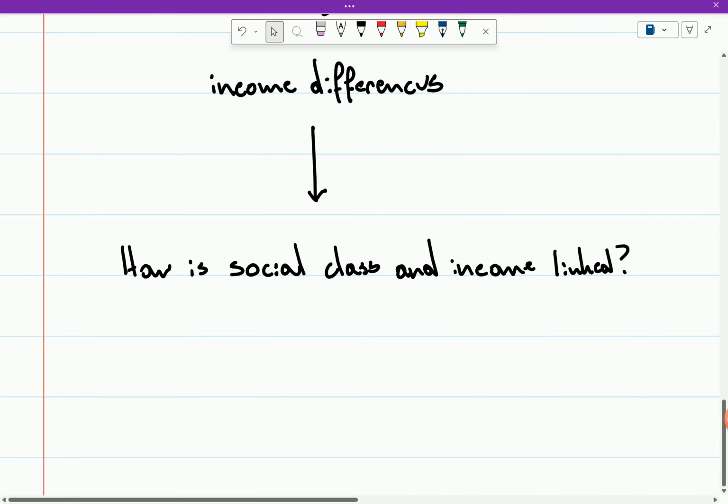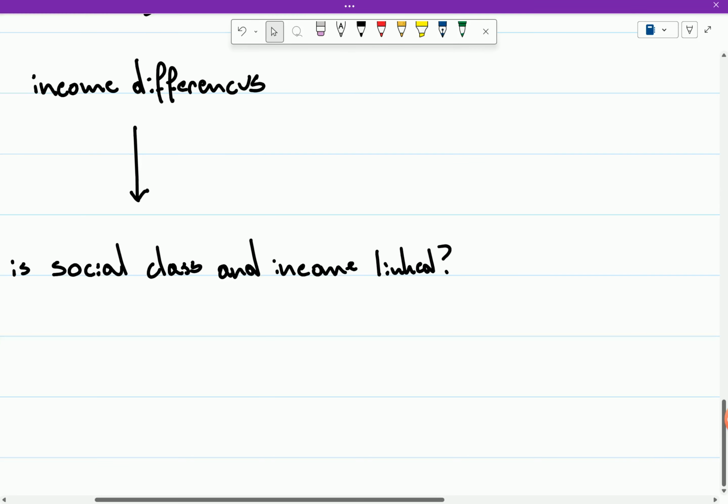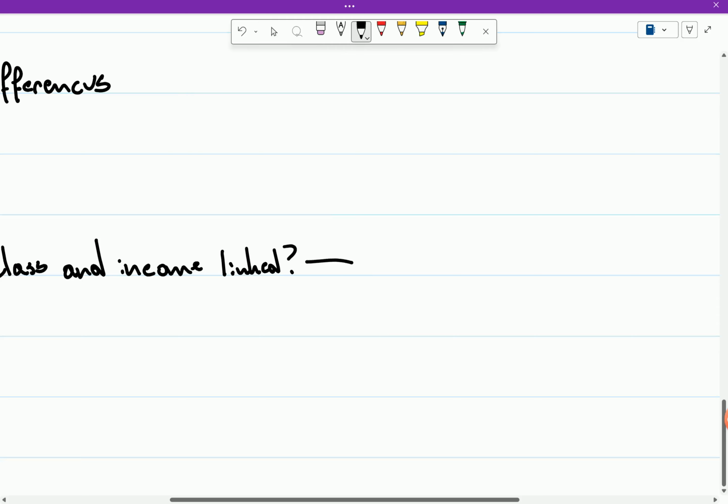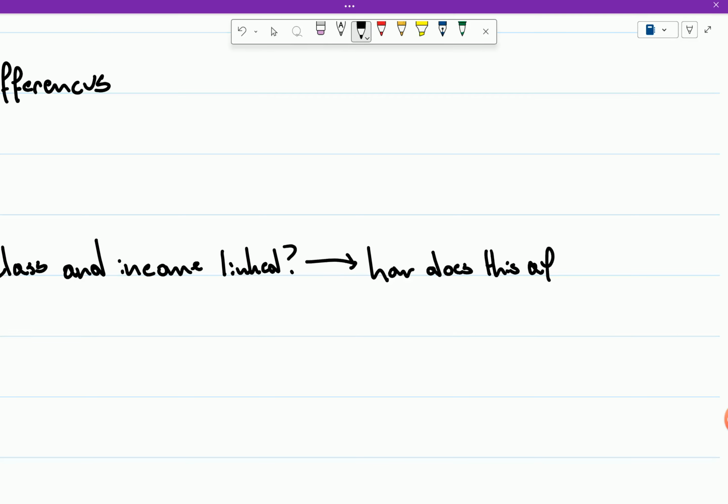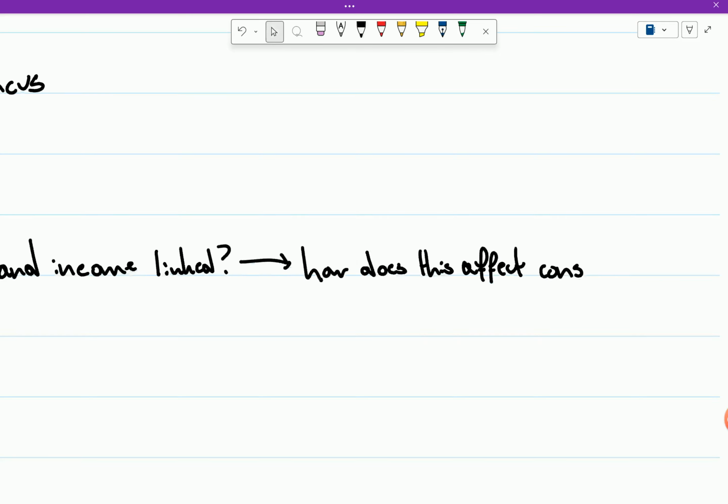So now what we have here is the foundation. Every point I make underneath this is trying to answer this, and then eventually you have to go to how does this affect consumption?